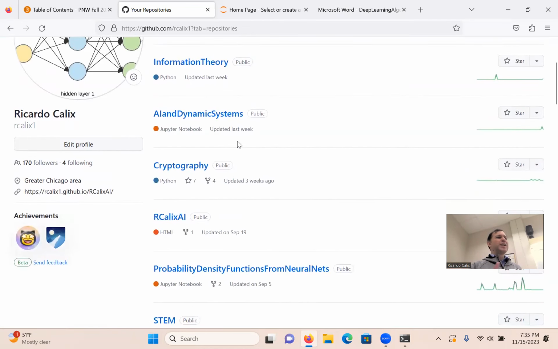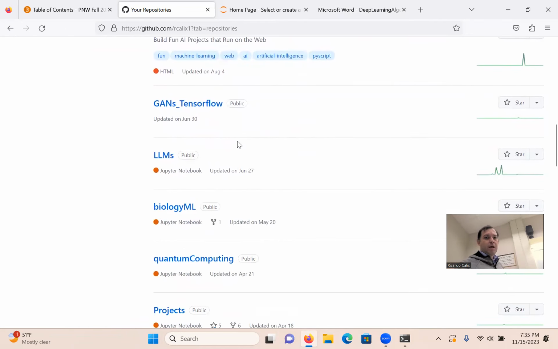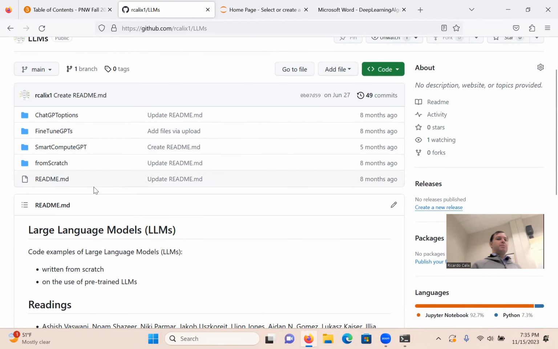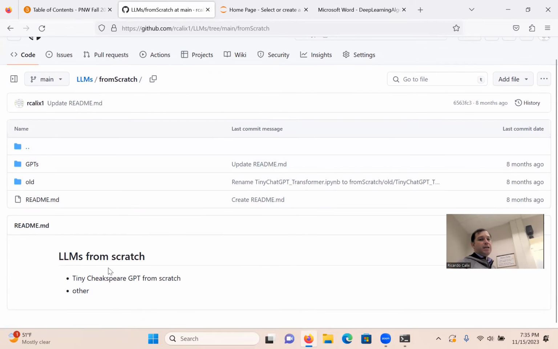Go to repositories. This one I don't have in the PyTorch one because I was doing something else, but go to LLMs. LLMs just means large language models. You can click on that one, and then I have various things here related to LLMs, but the one you care about is from scratch. In here, I have what is called the Tiny Shakespeare GPT from scratch example.